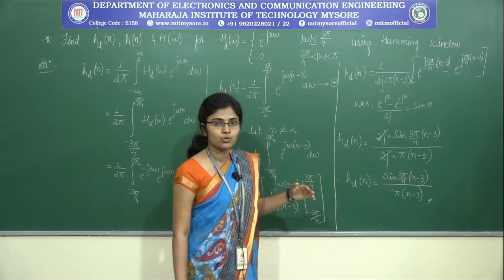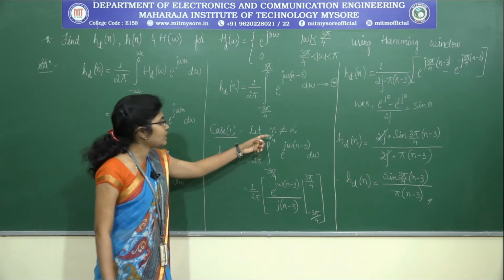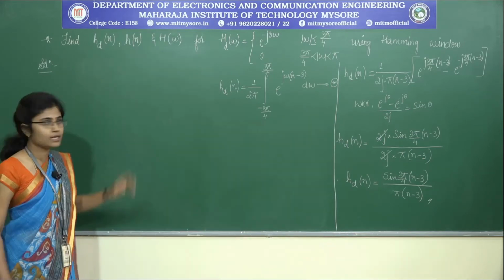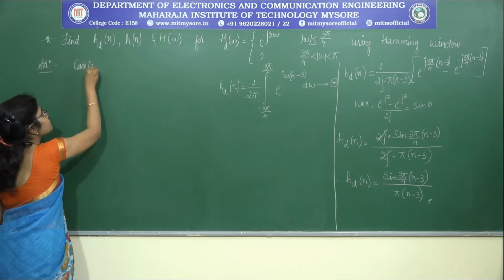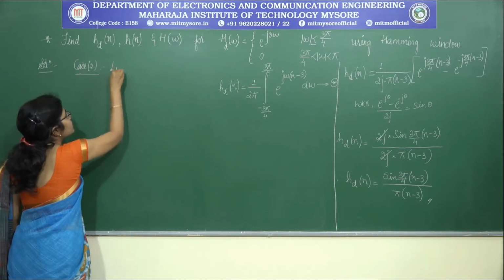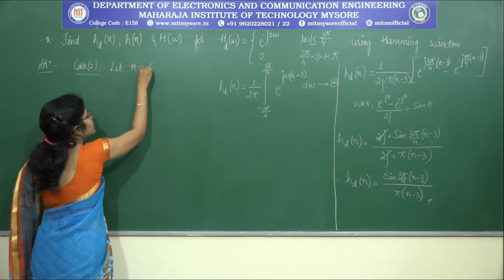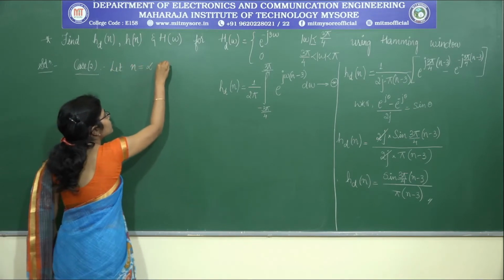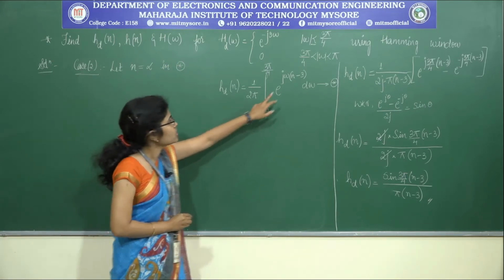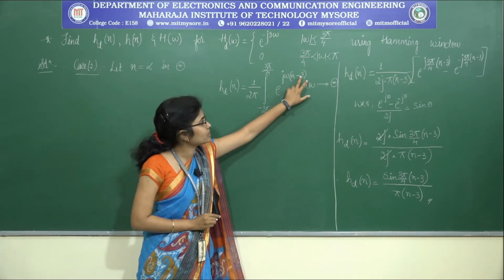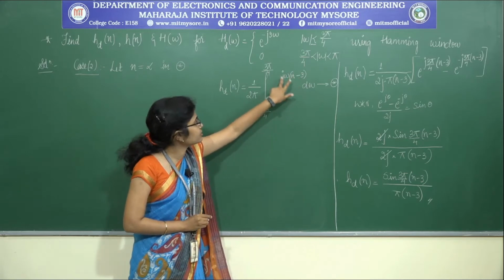Now in case 2, we should assume the value of n is equal to alpha. Let us start with case 2. So in case 2, let the value of n be equal to alpha in which equation? In equation star, which is nothing but this equation. So if n is equal to alpha, that is 3, this entire term tends to 0.